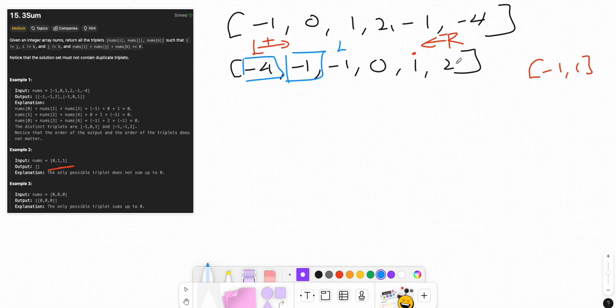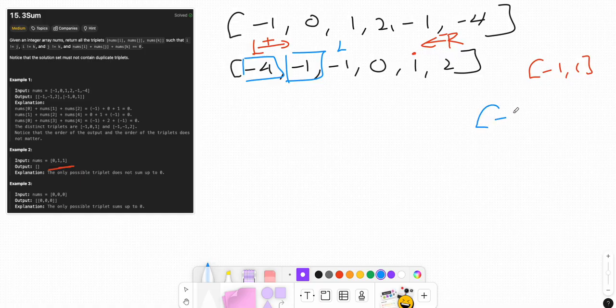Left and right, right? Now, let's see the sum: minus 2, minus 1, minus 1, minus 2, right? If I say first we are at minus 1, minus 1, minus 1, minus 2, right?